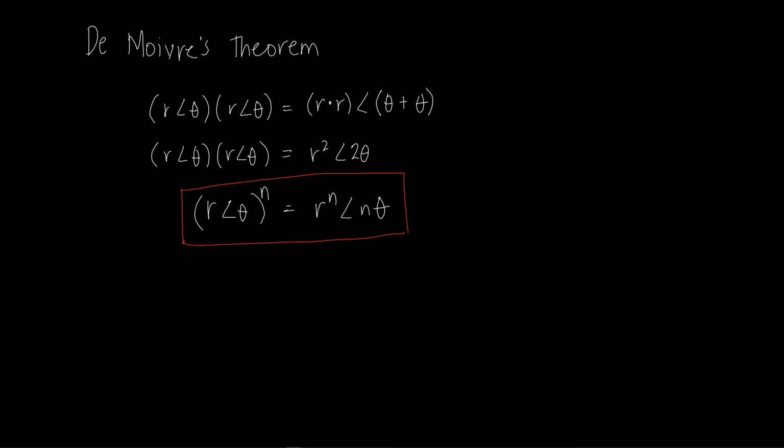Okay, so for example, we have 2 angle 35 raised to the power of, let's just say, 5.